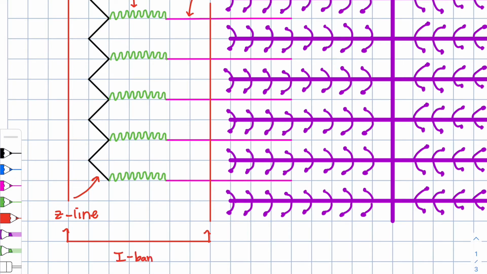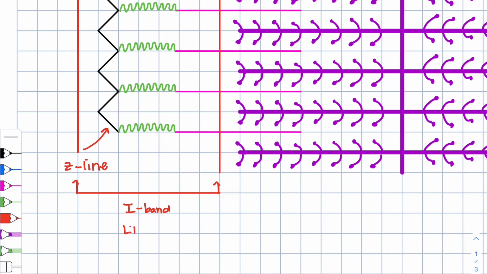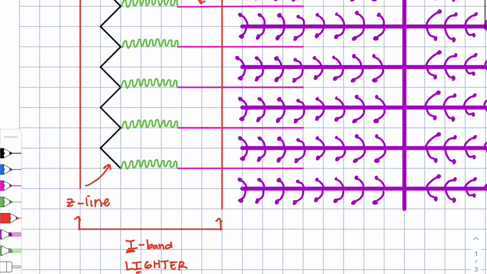Okay, I'll repeat that again. The area that includes your Z line, the titin, and the actin is called the I band. The I band is going to appear lighter in color. I for lighter. And the reason is because you only have your thin filaments, which is your actin.